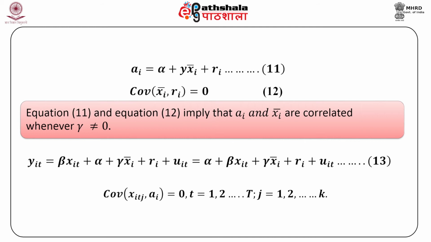This reduces to alpha plus beta x_it plus gamma x_i bar plus r_i plus mu_it. Interesting to note that equation 13, the above equation, still includes a composite error term, r_i plus mu_it, where r_i is time constant, unobservable, and mu_it is idiosyncratic shocks.